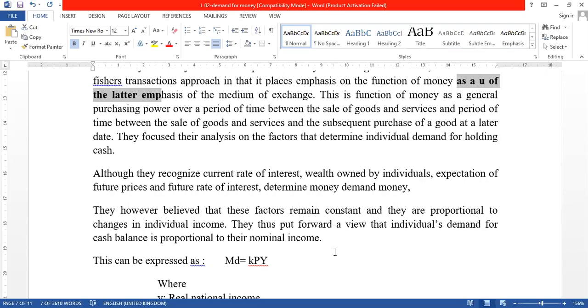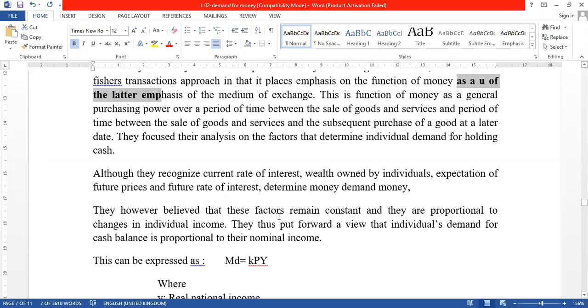And although they recognize the current rate of interest, the wealth owned by individuals and the expectation of future prices as determinants of the demand for money, they believed that these factors remain constant and are proportional to changes in individual income.